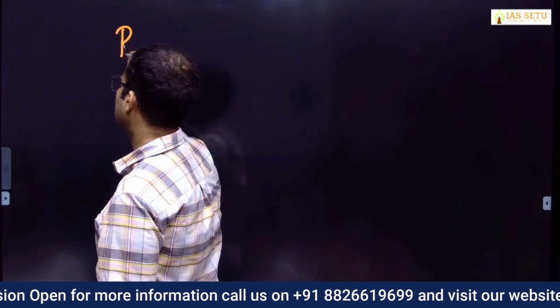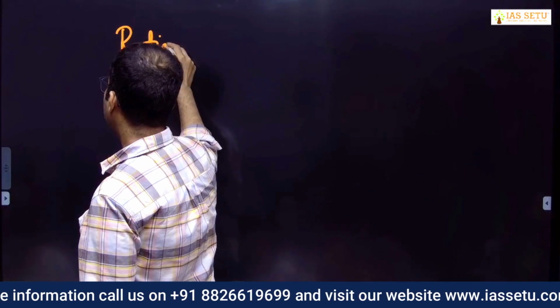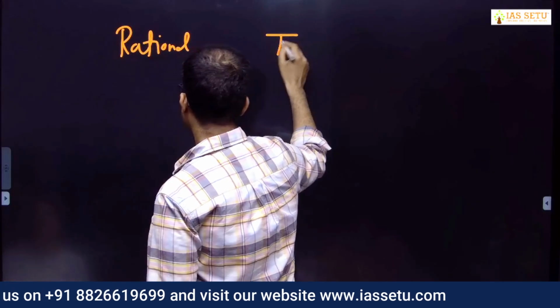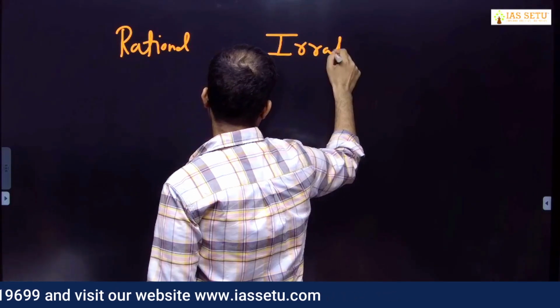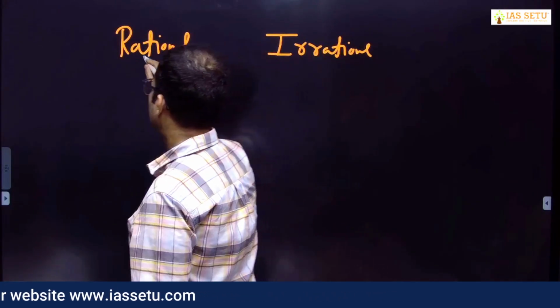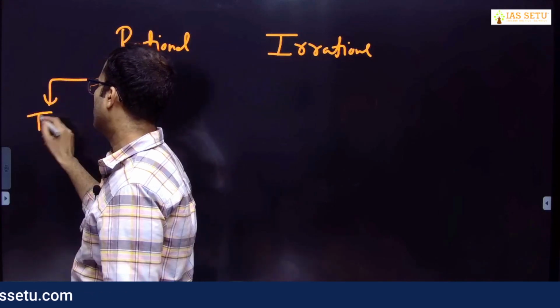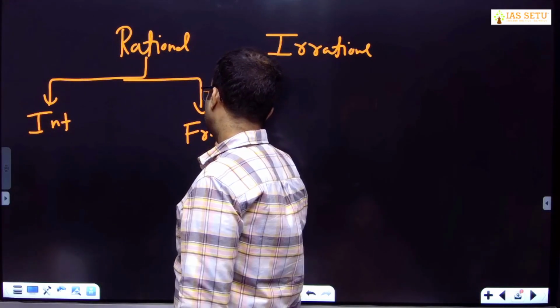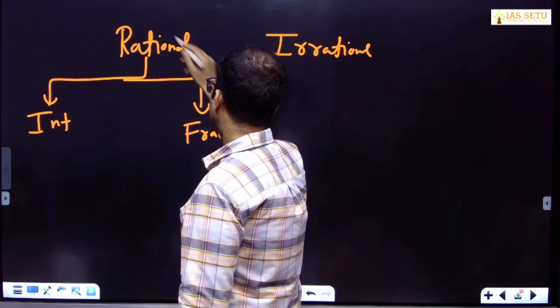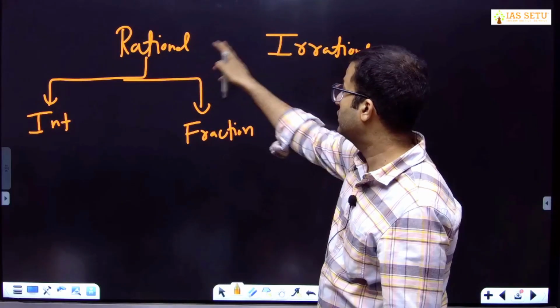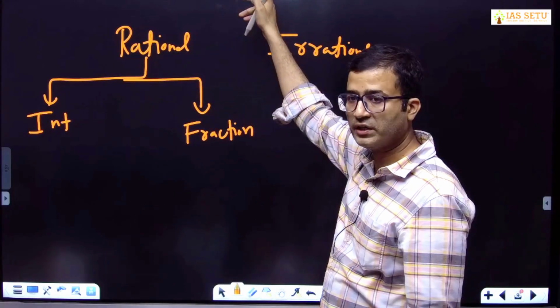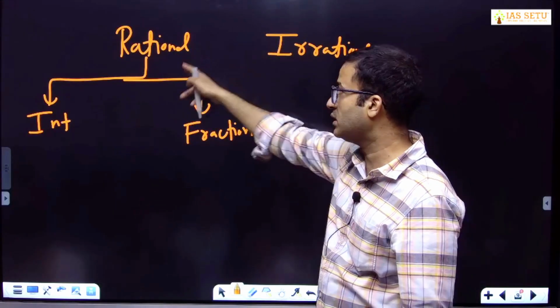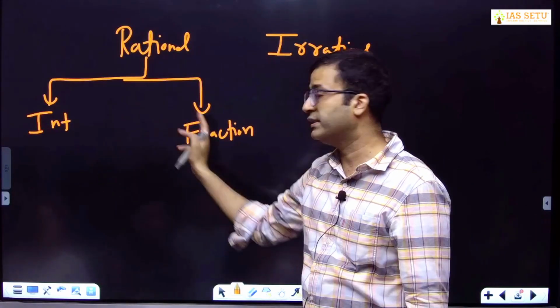Now, I will tell you one more thing about irrational numbers, then you will have better clarity. These are the subsets of real numbers, rational and irrational. Rational you further divide into integer and fraction.